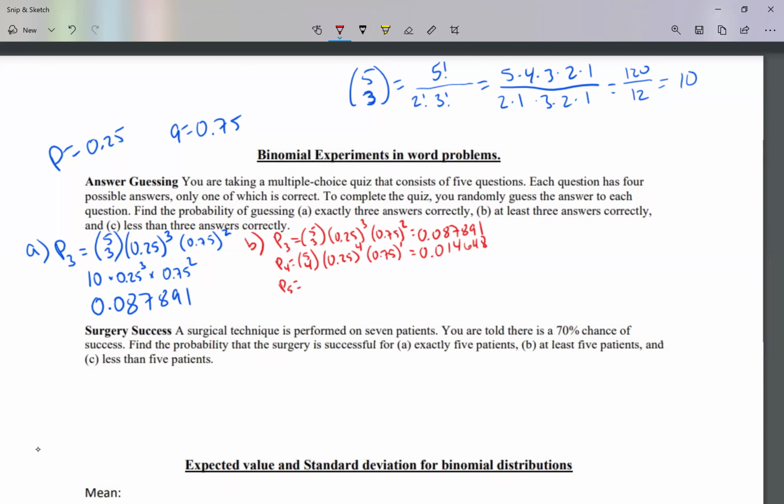Now, what's the probability I get 5 right? Well, I'm going to do 5 choose 5. In this case, I'm going to go 0.25 to the fifth, because I want to be right 5 times, and 0.75 to the 0, because I want to be wrong 0 times. And this gives me 0.000977.